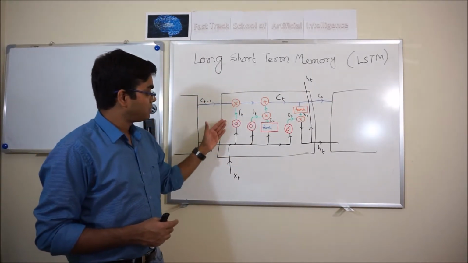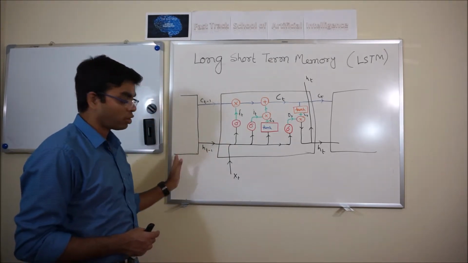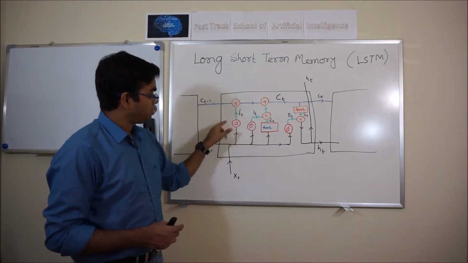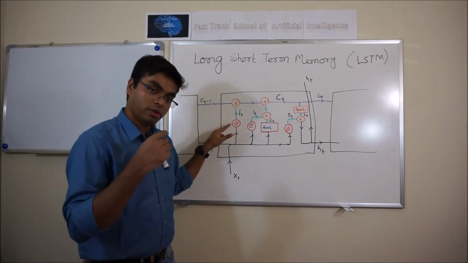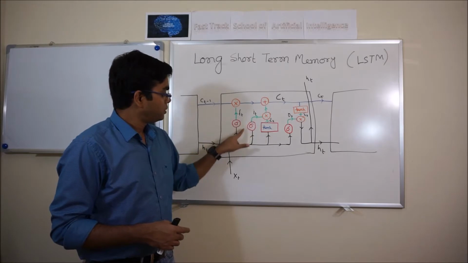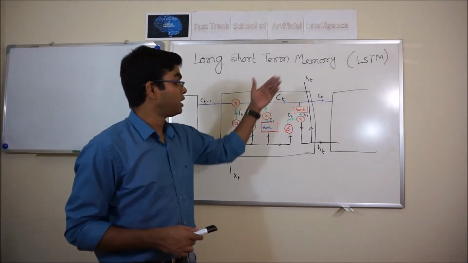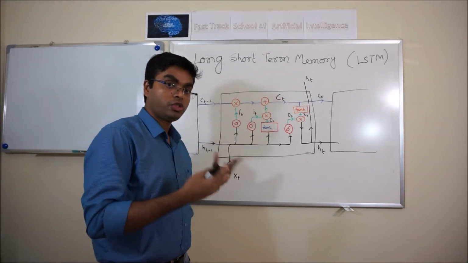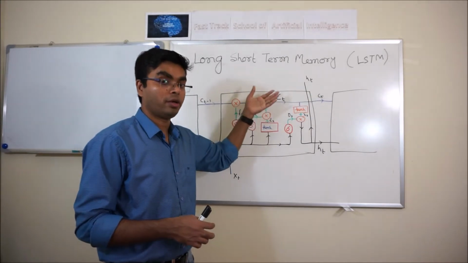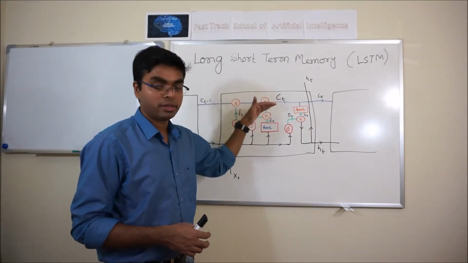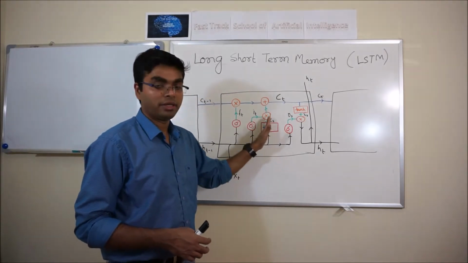All these gates are decided on the basis of the current input and the previous output. These operations decide what information to forget and what information to keep. This gate decides which information from the current input should be sent to the next step and added to the cell state, and these are the values for the tentative cell state.